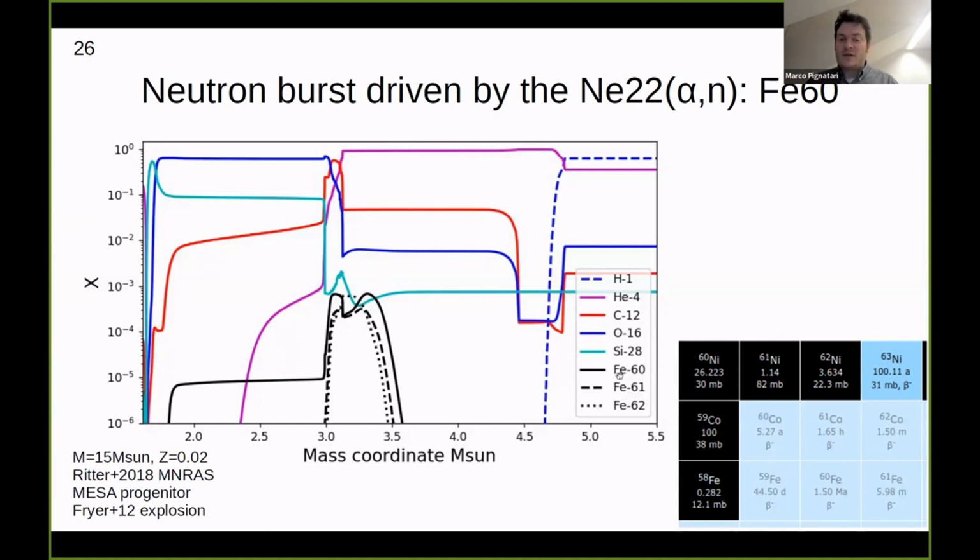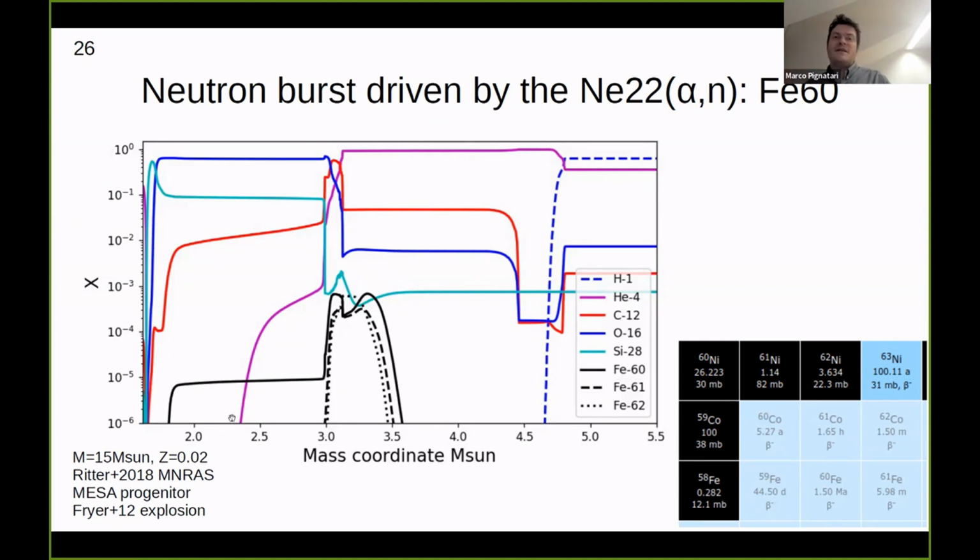Mostly it is directly iron-60 itself, but there is also a secondary peak. This is interesting because you see this kind of double peak here where the neutron burst is too strong and is destroying iron-60, right? The neutron burst can be so strong that it doesn't have to stop at iron-60, it can also go beyond. But anyway, iron-60 is made.